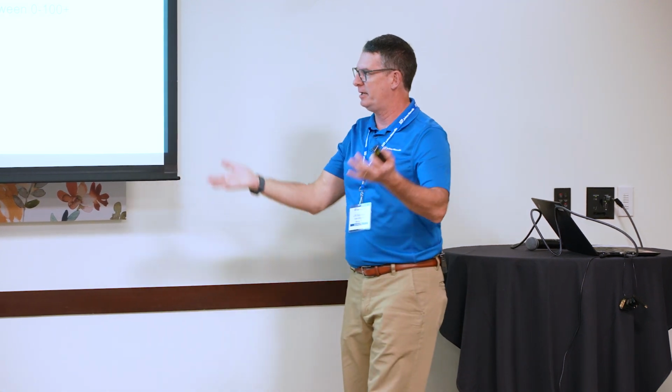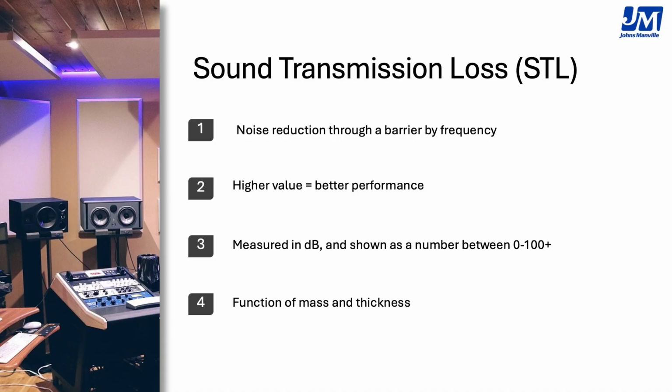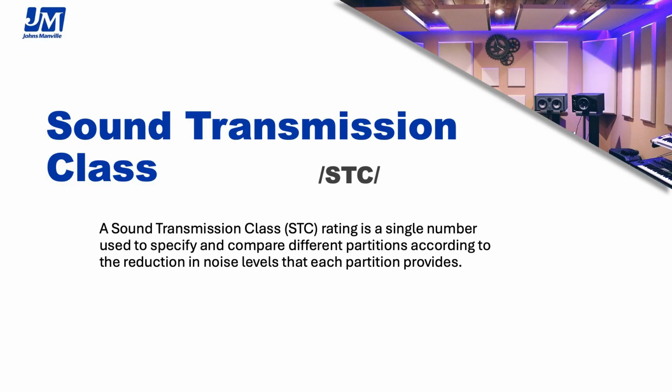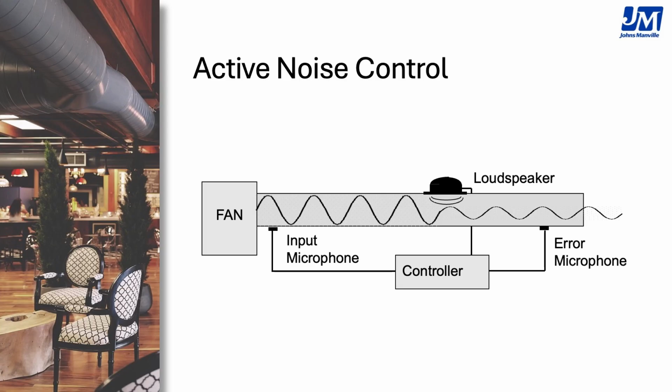We're just saying it reduces by so many decibels. Things like mass and thickness really drive how well an assembly performs. Sound transmission class, that's the single number rating, and it is measured in decibels. Again, higher is better. It's in the speech range, so it usually looks at 250 hertz to 2,000 hertz.